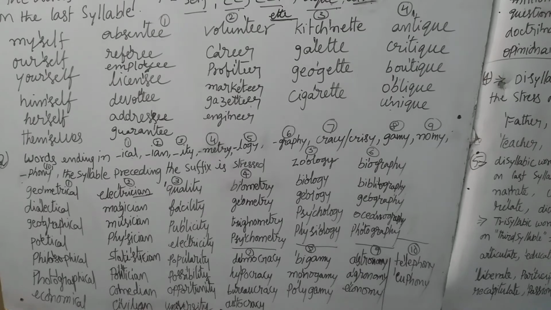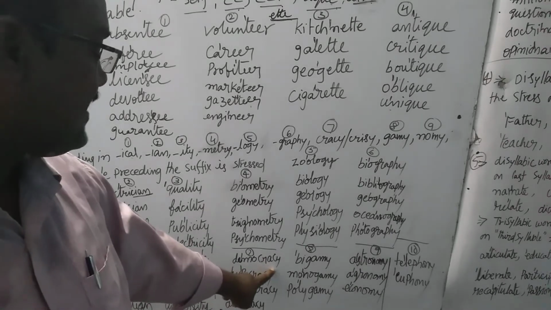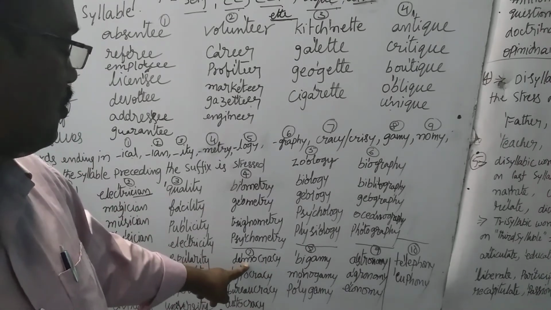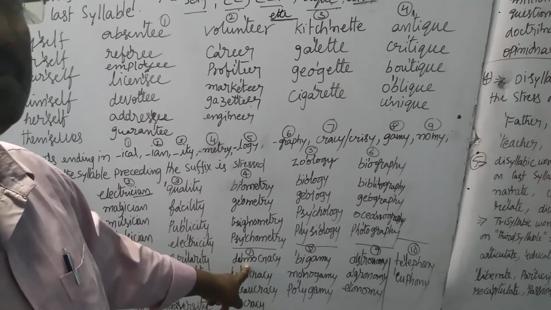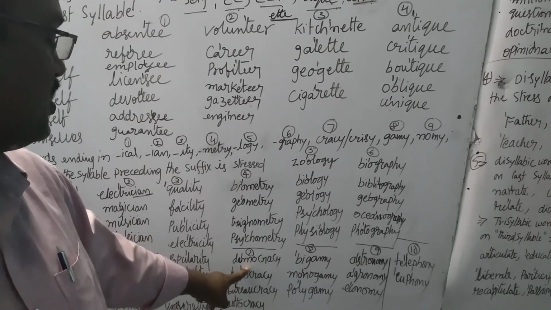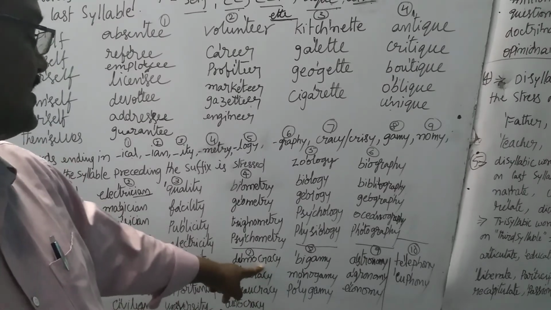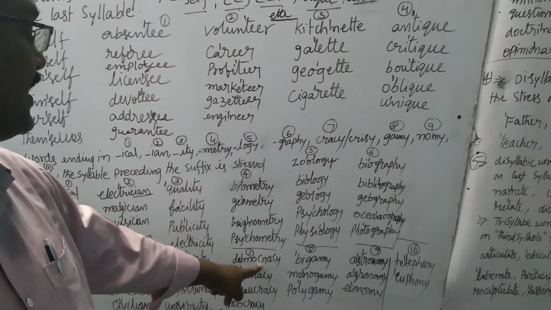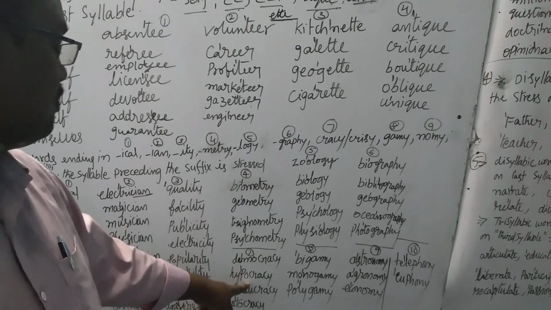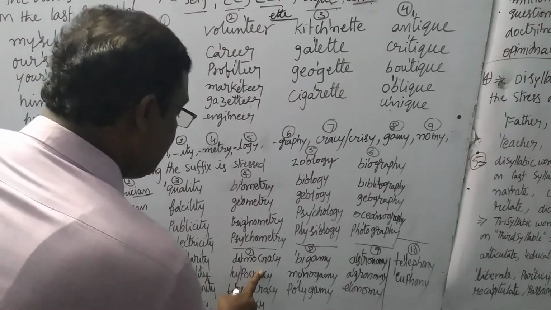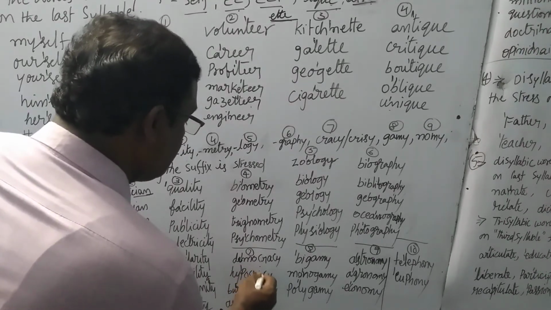Last one, look at the board: democracy. -cracy is the suffix. Democracy: stress mo, since mo is one syllable more. We take -cracy as the suffix, and the syllable before it is mo. Hypocrisy: -crisy. Hypocrisy.